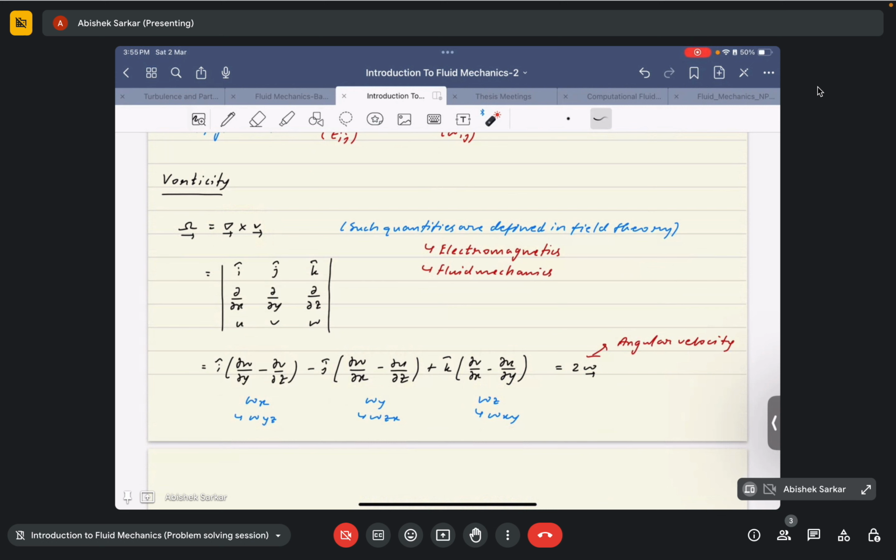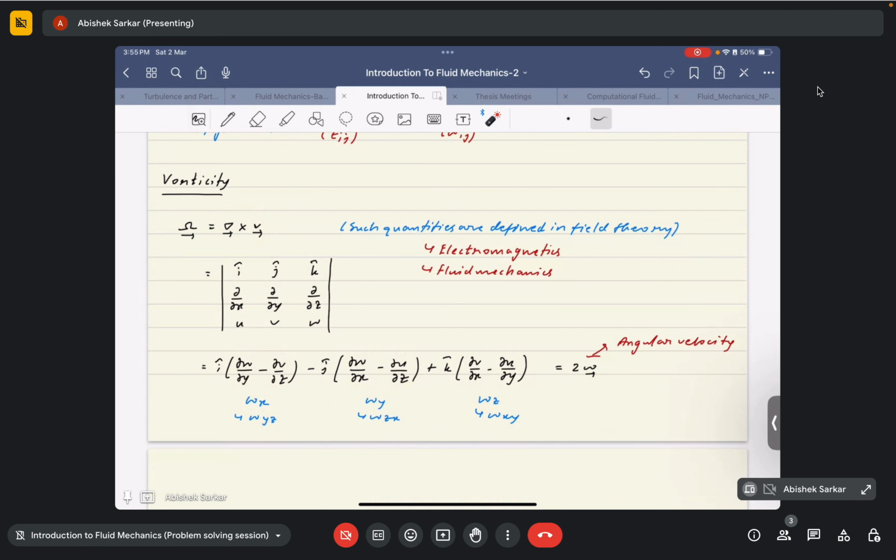Since we are dealing with derivatives along the y and z direction, the angular velocity would point towards the net angular velocity, or the component would point towards the x direction, right? Similarly for the other two elements as well.